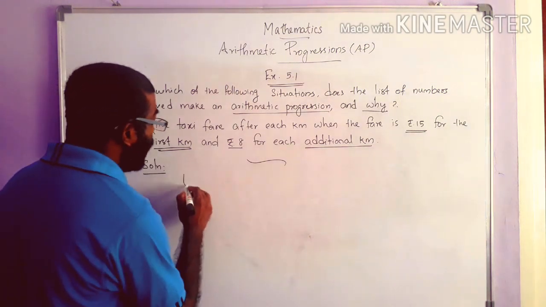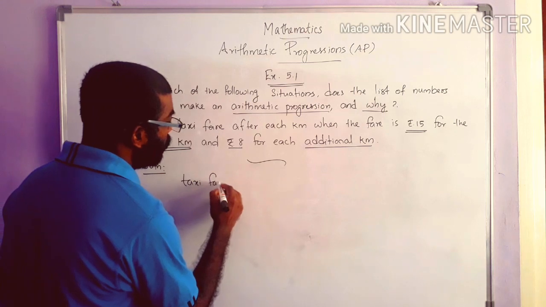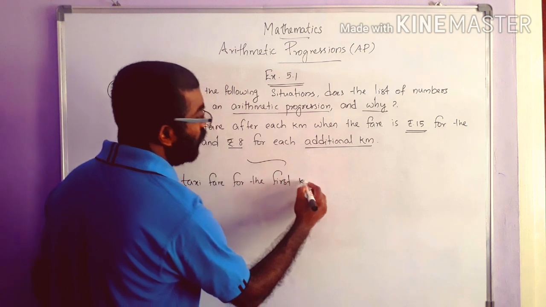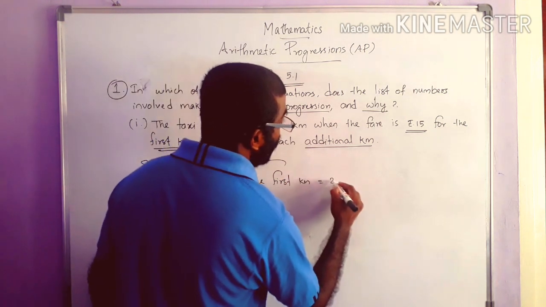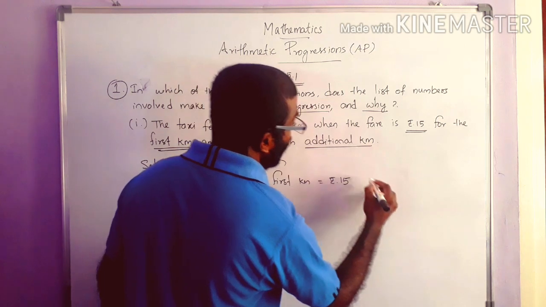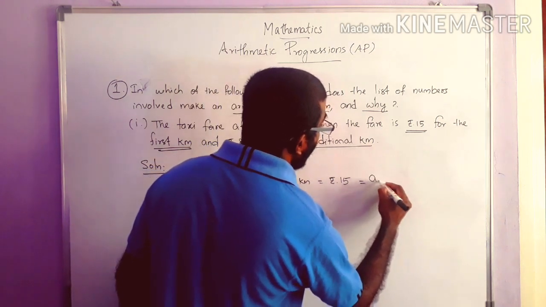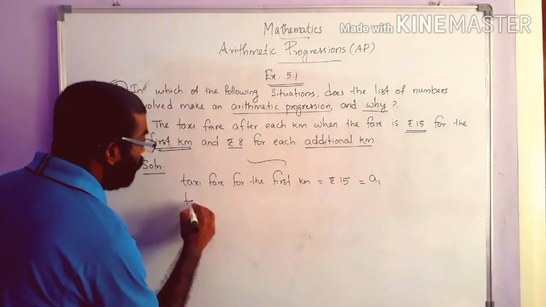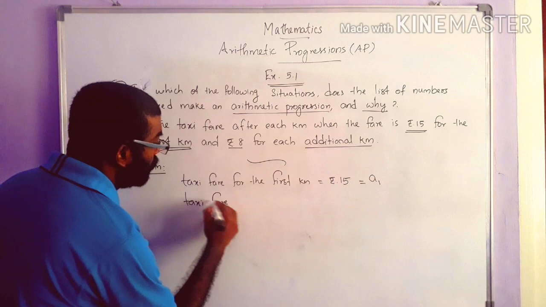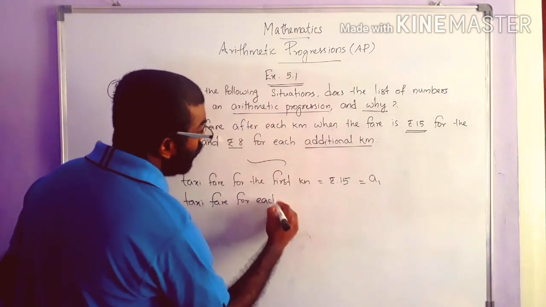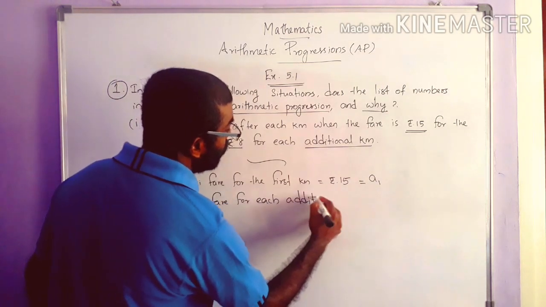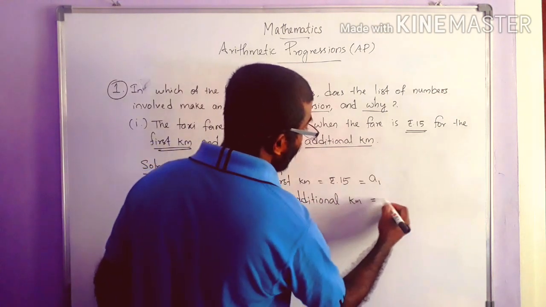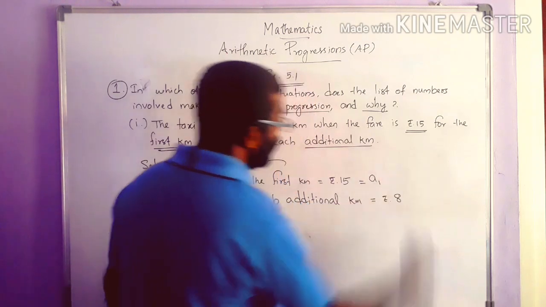So here the taxi fare for the first kilometer is given as rupees 15. Let it be A1, the first term. The taxi fare for each additional kilometer is rupees 8.